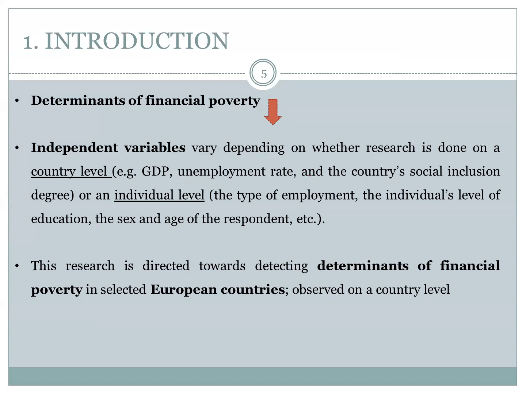But if the study is focused on individual data, these variables often include the type of employment, the individual's level of education, sex, and the age of the respondent. Our analysis is focused on determinants of financial poverty, but observed on a country level.